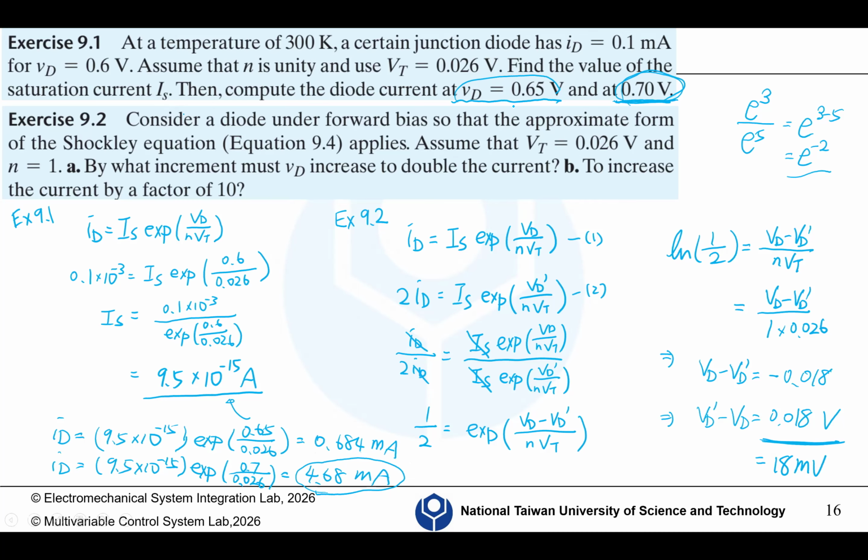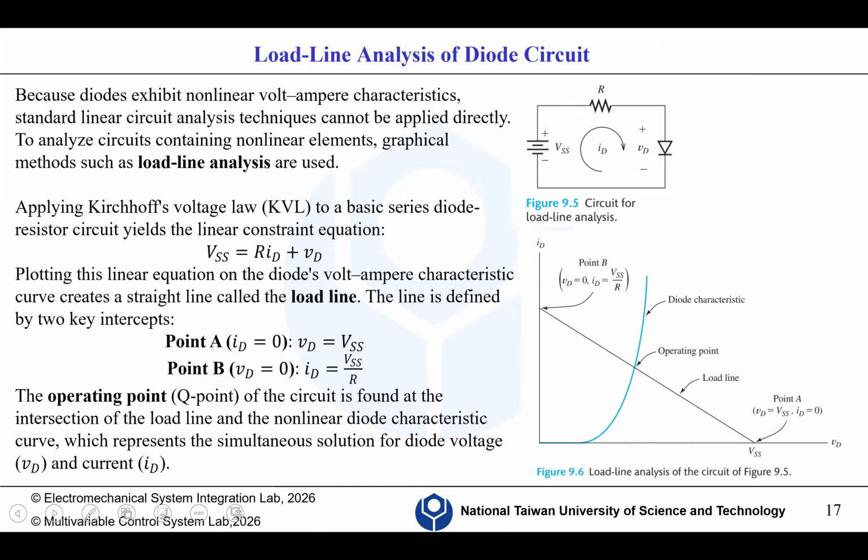So you can use this Shockley equation to describe the forward bias of a diode. All right, so this is the exercise to let you be familiar with this equation.